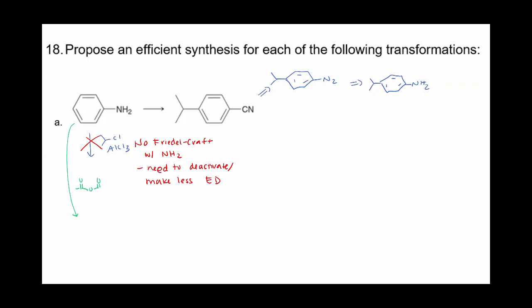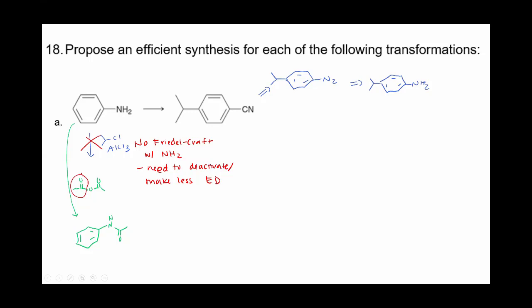So we can use acetic anhydride. And this is a reaction that we did in chapter 21. If you react an amine with acetic anhydride or an acid anhydride, we make an amide. So we're adding this part of the molecule onto that nitrogen.